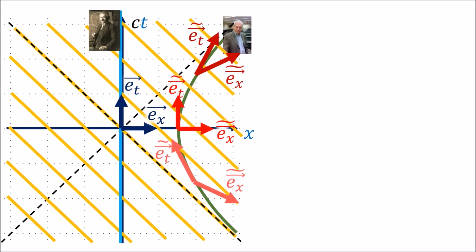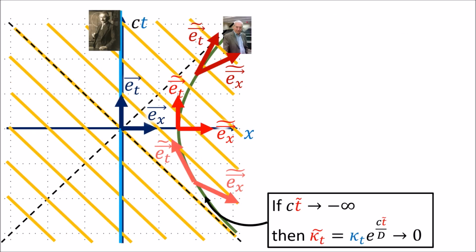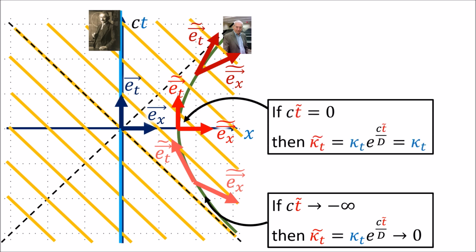We find that at very negative times, far in the past, Rindler sees a frequency of almost 0, because he is running away from the source of the wave very fast. Then at time equals 0, the conversion factor is just 1. This means that Rindler sees the same frequency as Einstein because they are both momentarily stationary with respect to each other at this one instant in time.